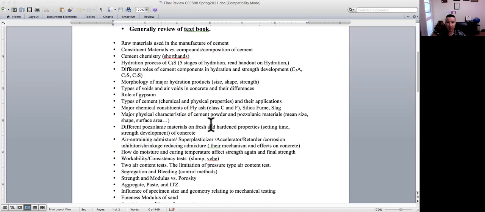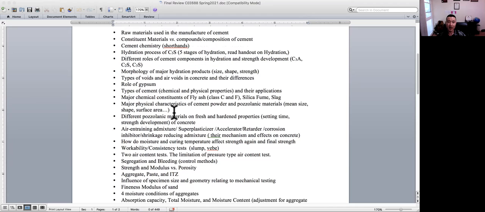We have another table summarizing the properties of these materials. And how pozzolanic materials, also called mineral admixtures, affect fresh properties and hardened properties of concrete. For example, how fly ash can affect the setting time and early age and final age strengths of concrete, and why that's the case.